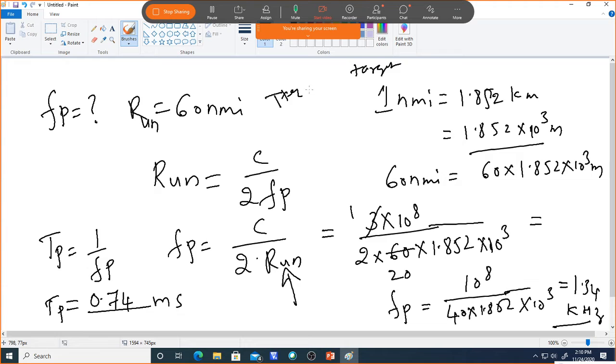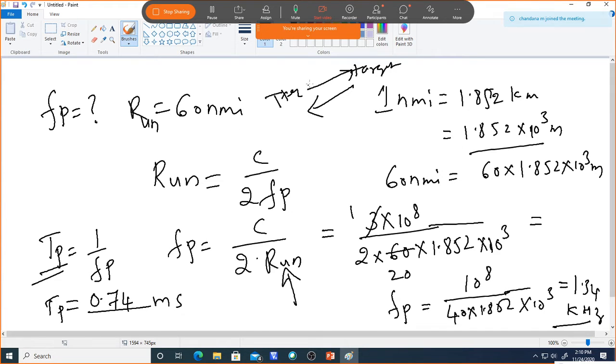How much time will it take to travel to the target and get back? We found the pulse repetition frequency because, before the next pulse goes out, the return signal will come back. So the pulse repetition period is 0.74 millisecond.